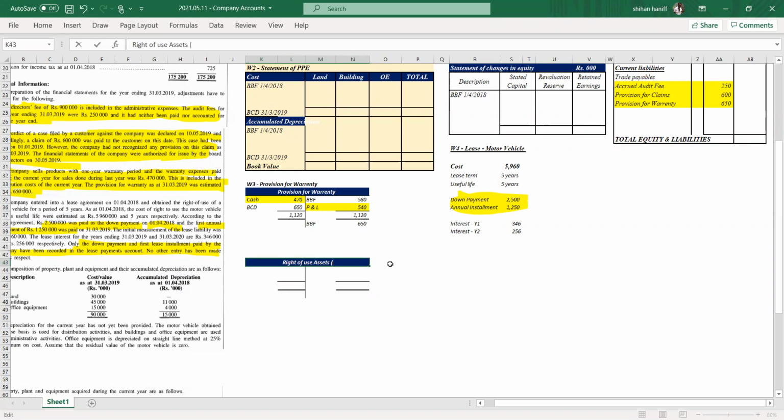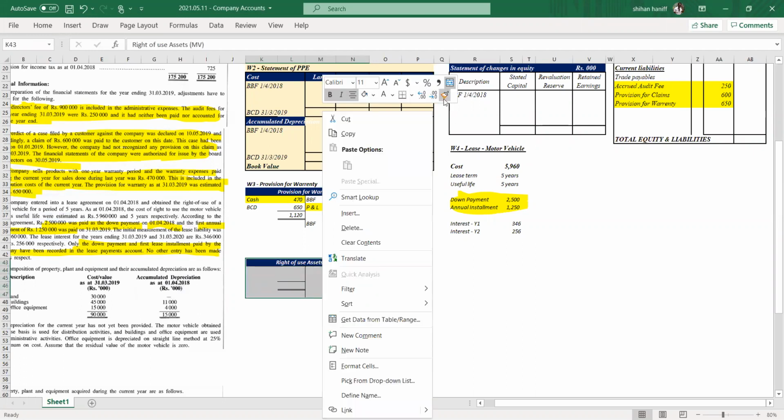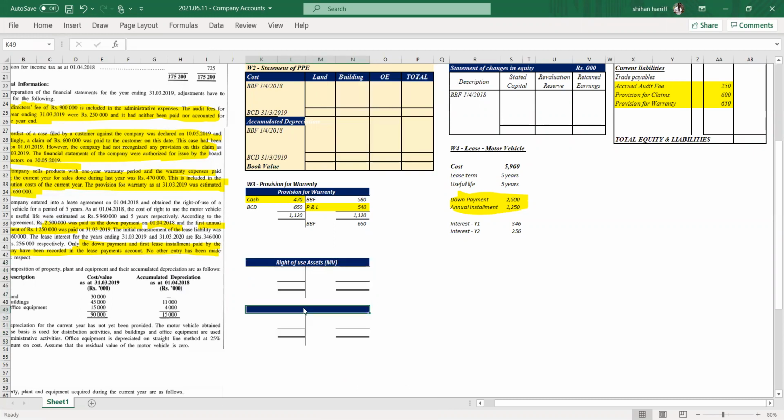Write-off use asset book. This is the motor vehicle account. And you can draw lease liabilities. Lease liabilities account.